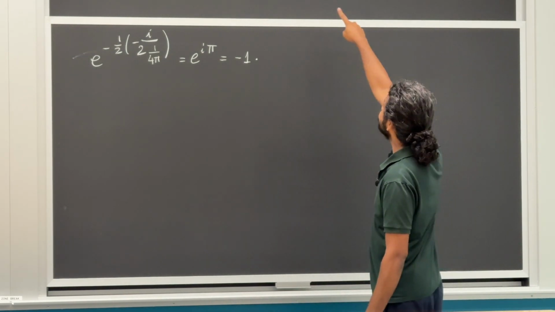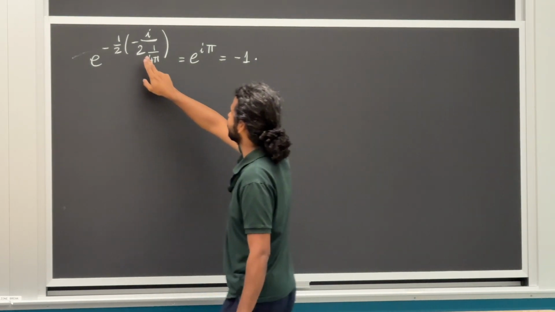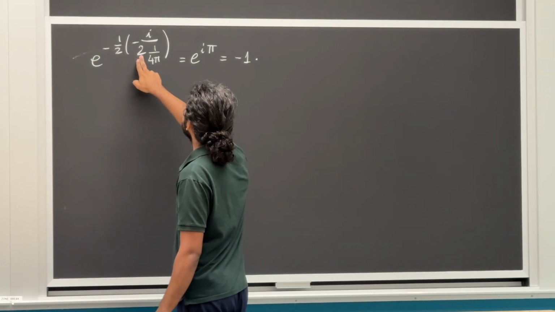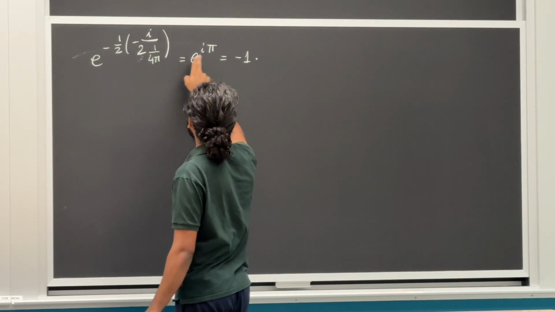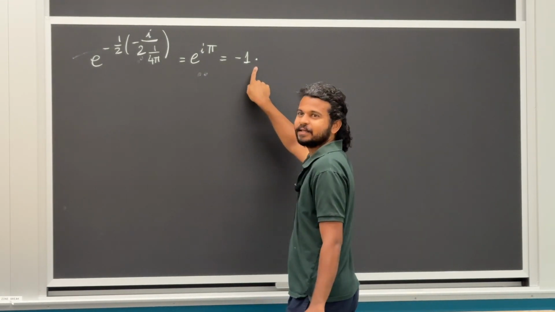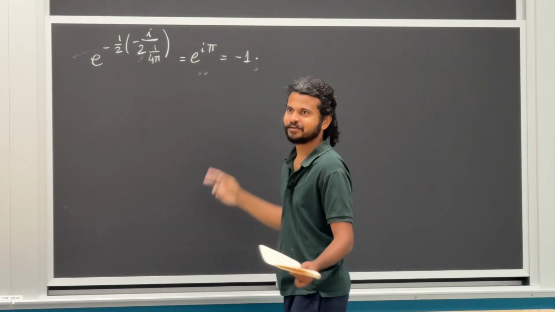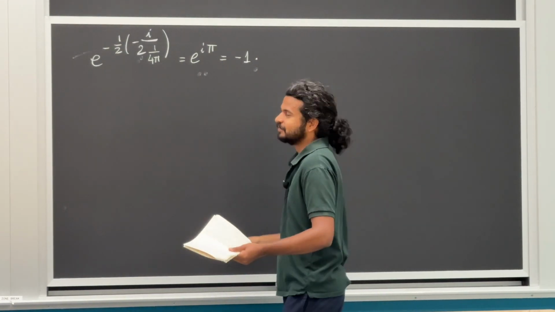Now, had I used 4 beta square there, then I would have a 4 here. Then I would have e to the i pi by 2, which is an i. So that somehow is not the right answer.